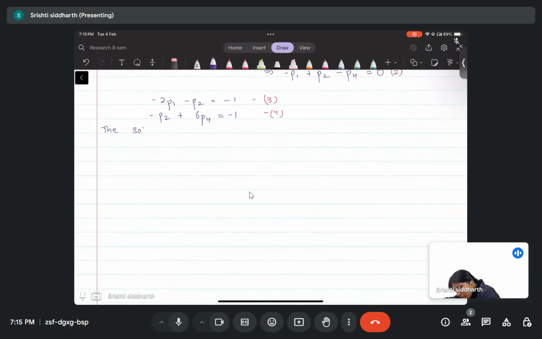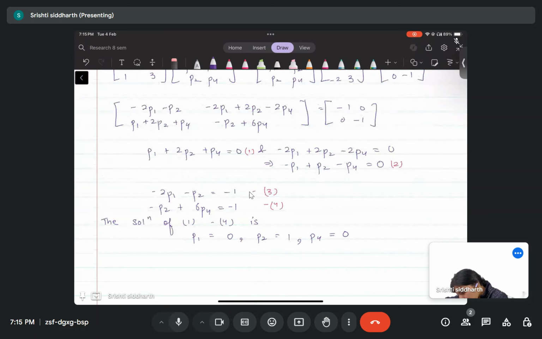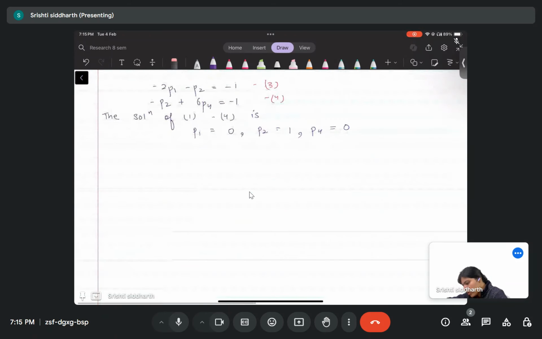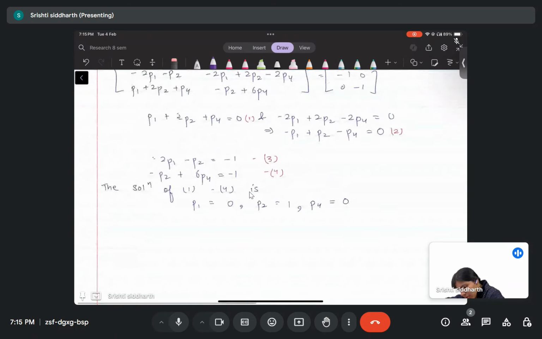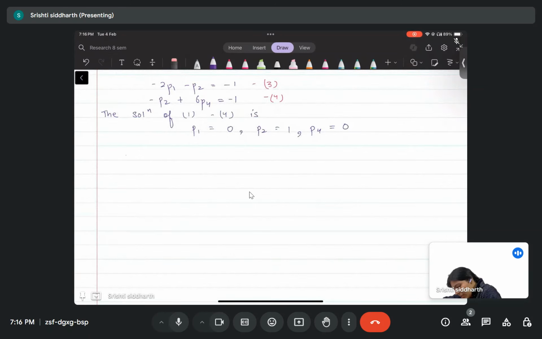So the solution is p1 is 0, p2 is 1, and p4 is 0. So you can also check these by substituting in all the four equations. So the matrix P is given by 0, 1, 1, 0.